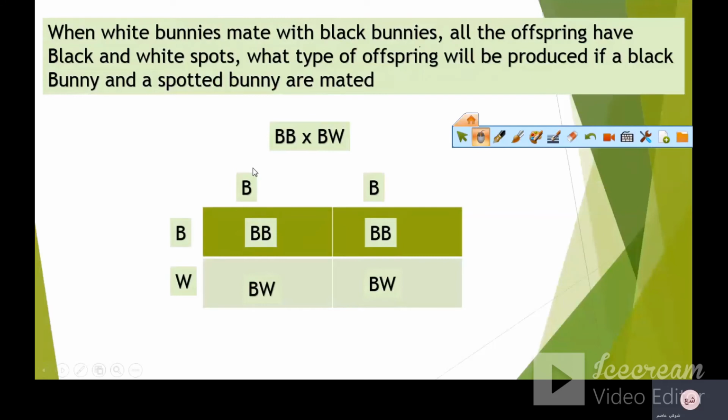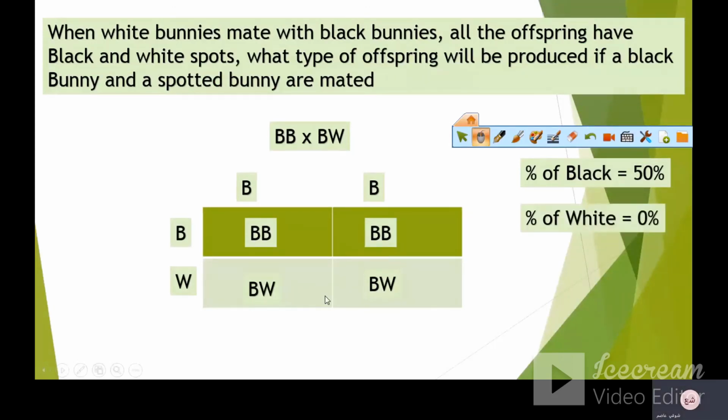So what will you observe? You will find the black one is 50%, and the white one, no white one, is 0. And the spotted one will be 50%.